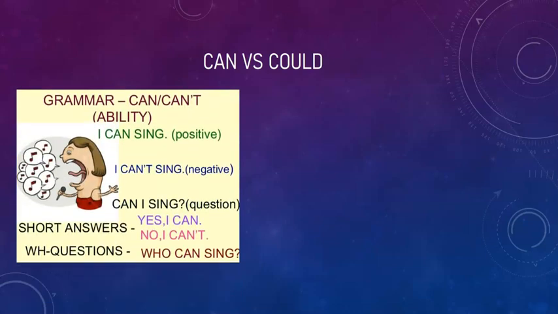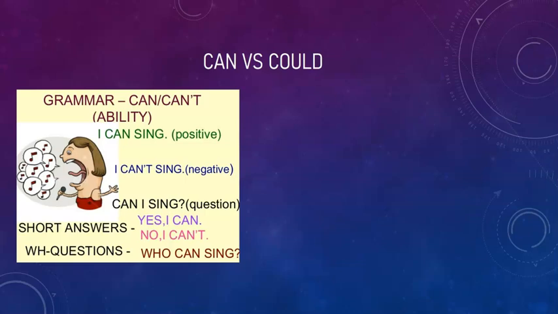Firstly, we will start with can and could. Both of these verbs are about ability, but can is used for present or future abilities. For example, I can swim means you have the ability to swim now or in the future.